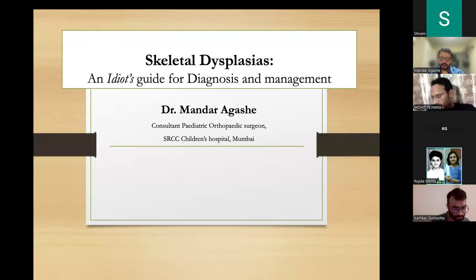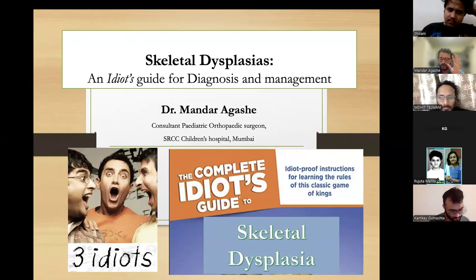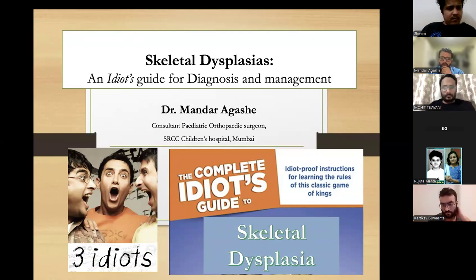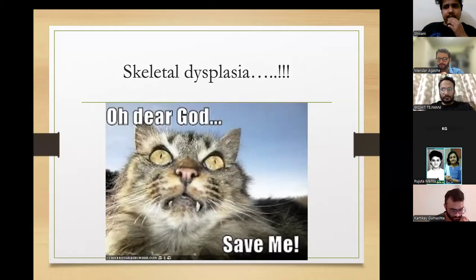So I had given this lecture about skeletal dysplasia, an orthopedic surgeon's guide for diagnosis and management. So let's have a very basic talk about what a pediatric orthopedic surgeon should know about skeletal dysplasias. As we know, it is extremely complicated.